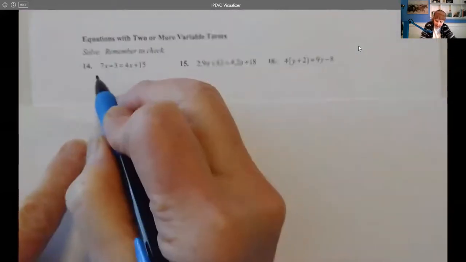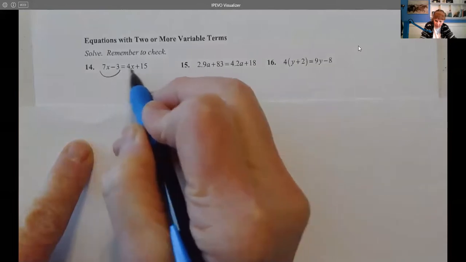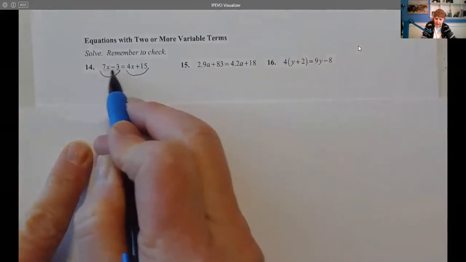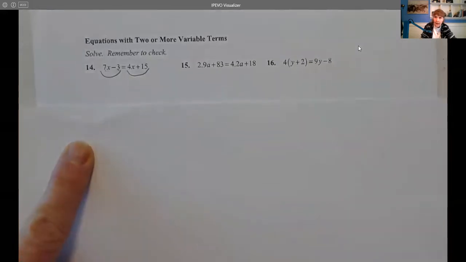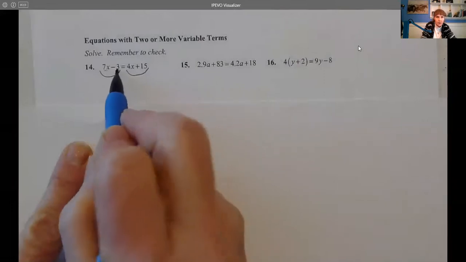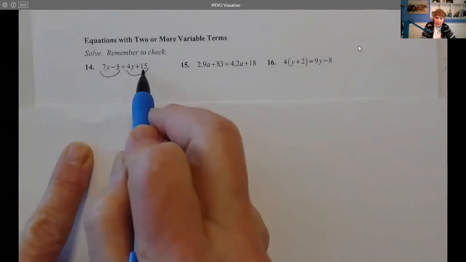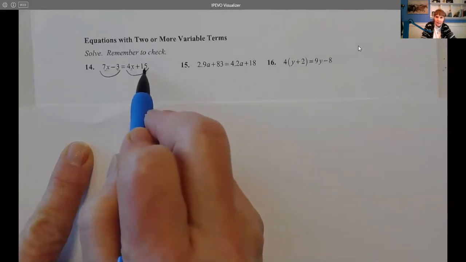Is there anything else that I can do here or here? Well, you cannot combine these because the 3 does not have an x. It's not a like term. So there's nothing you can do here anymore. I can't simplify this any further because the 15 does not have an x. So they need to stay separate.